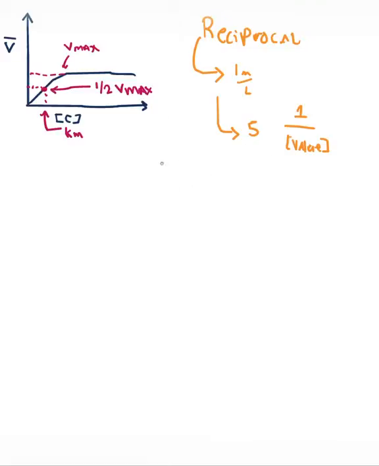And the same thing happens with the Vmax. Instead of the actual velocity, I will do 1 divided by the velocity. That's what it means to take the reciprocal: 1 gets divided by whatever the value is that I'm looking at. And that's really the easiest way of thinking about the reciprocal.